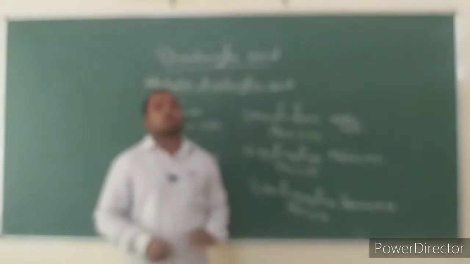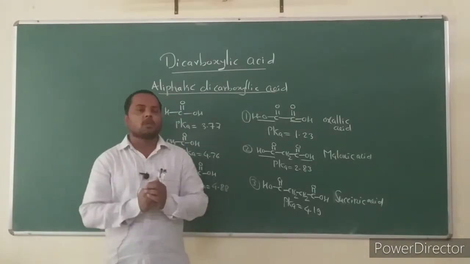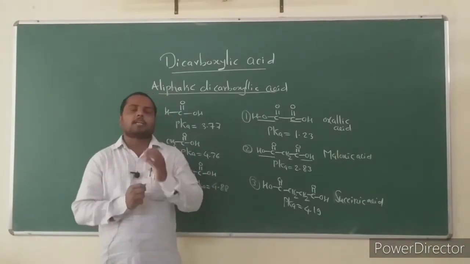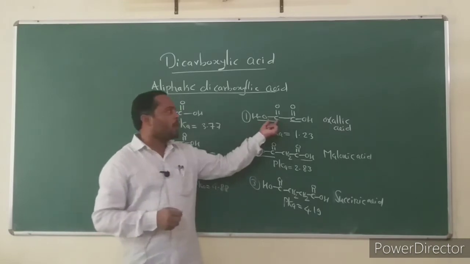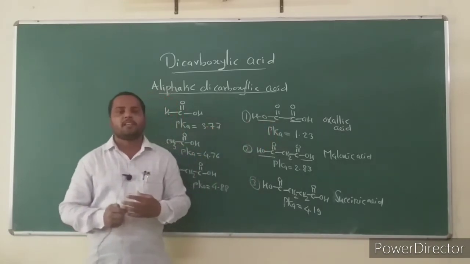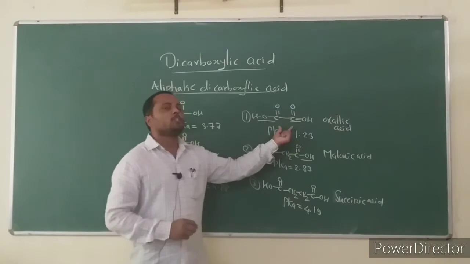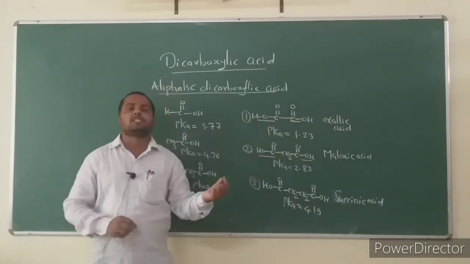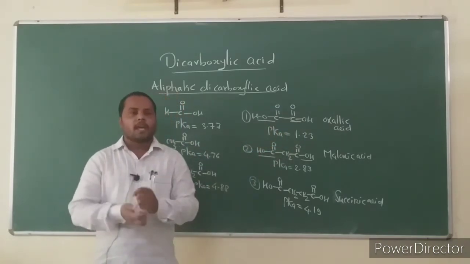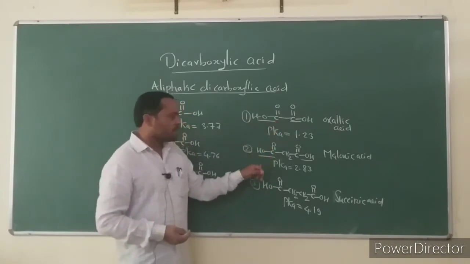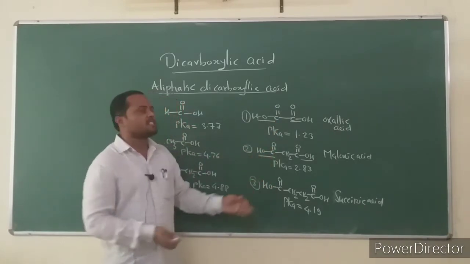In dicarboxylic acids, two acid functional groups are present. The carboxylic functional group, the COOH group, has a minus I effect. As the distance between two carboxylic groups increases, the minus I effect decreases, and as the minus I effect decreases, the acid strength decreases.